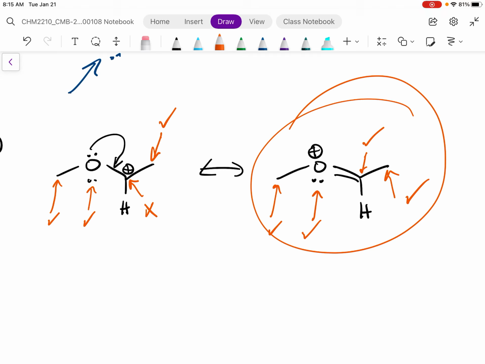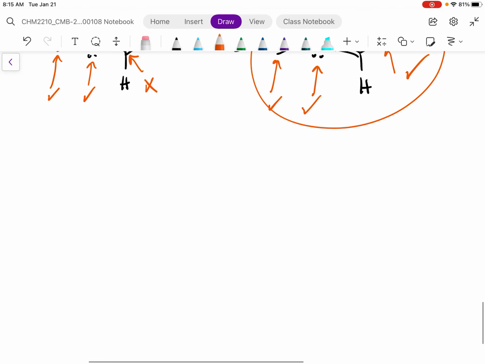You will then come to a point where you're going to take a look at a problem and say, well, all the resonance structures have an octet. So let's take a look at something that looks like this. Draw a resonance structure.